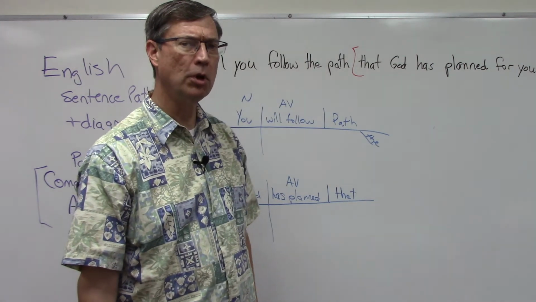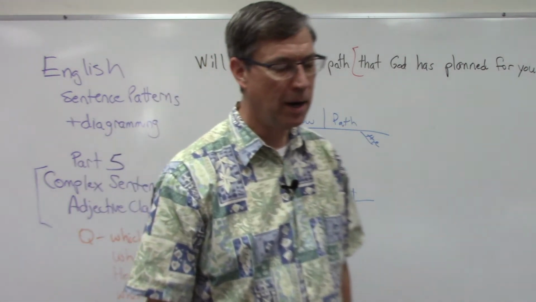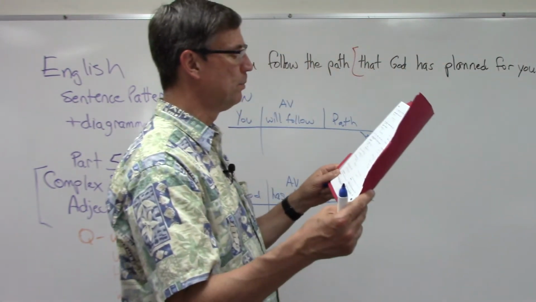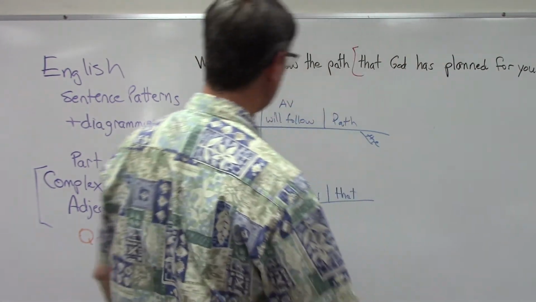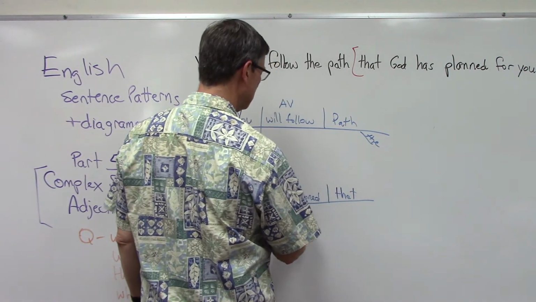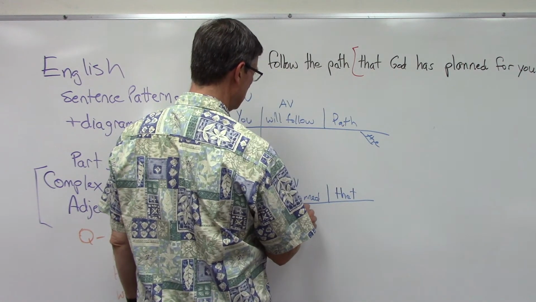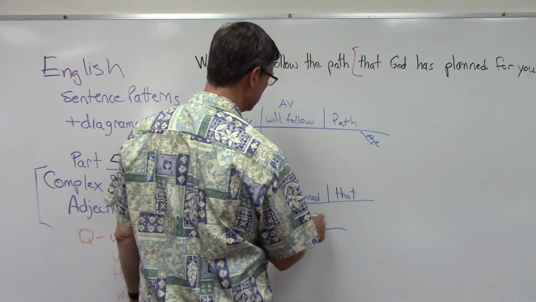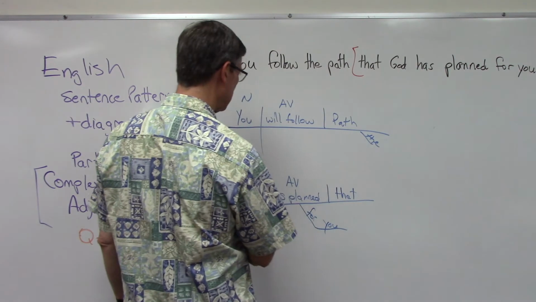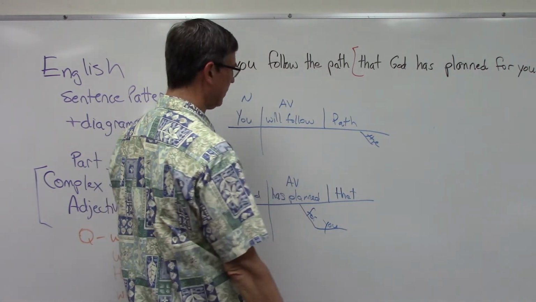Where does for you go? I could argue that it could go in either place, that it could maybe go under that, has planned that for you, but it's actually better here. And this is where you're probably going to find it in the score key. Planned for you, that God has planned for you.